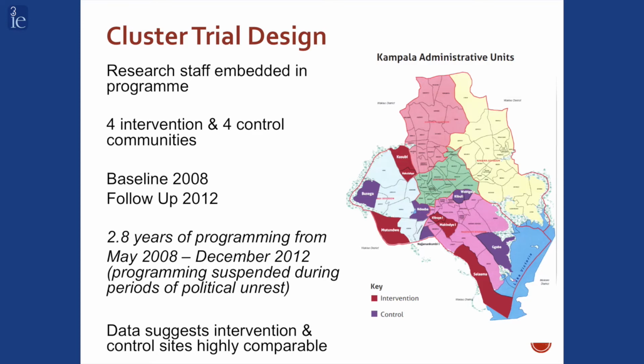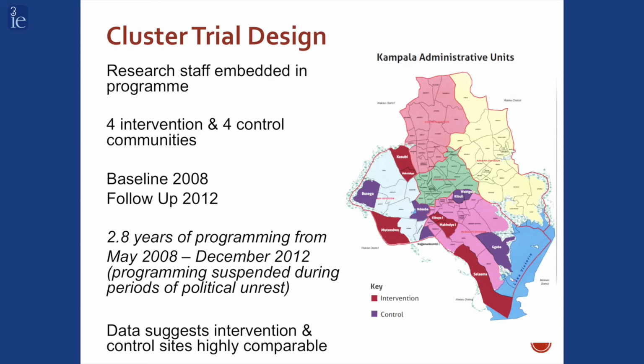So even from that design stage, having the partner on board, helping us think through how to set up the sampling and the pairs before we randomized, was really, really useful for us.